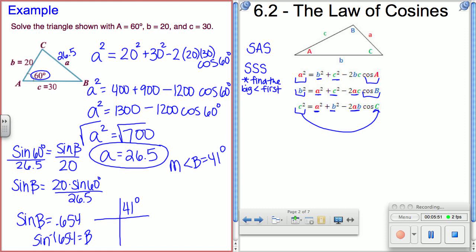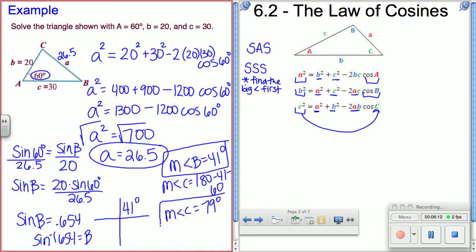If I take 180 minus 41 and minus the 60 we were already given, we come up with angle C in the end to be 79 degrees. And so there are my solutions to the triangle.